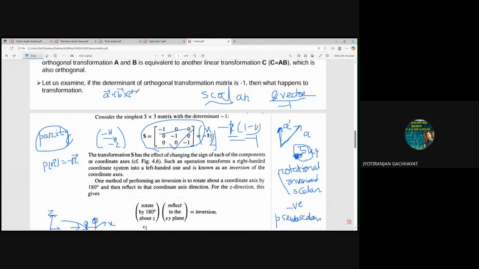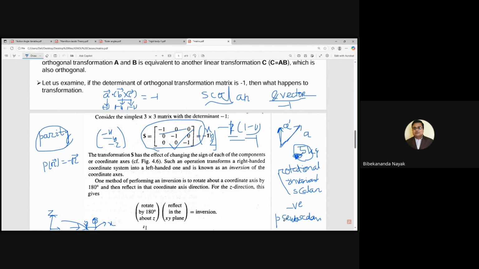It is a scalar, because the cross product gives a vector, and the vector dot product is a scalar. But suppose each vector changes under parity, giving minus 1. When we multiply three minus 1s, what is the result? Minus 1. So we get a scalar with opposite parity. That type of scalar is actually a pseudo scalar.